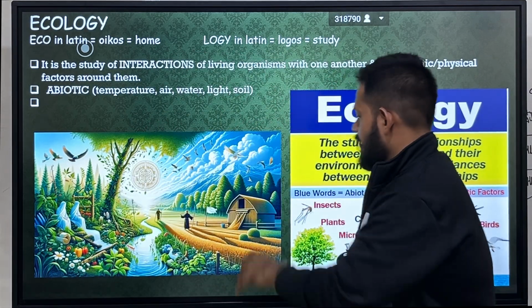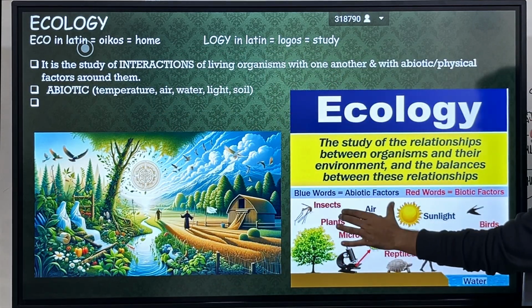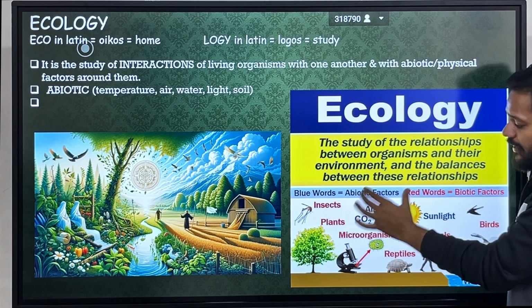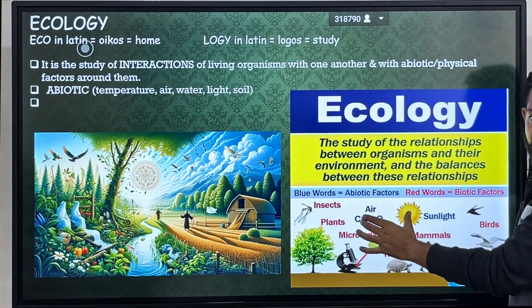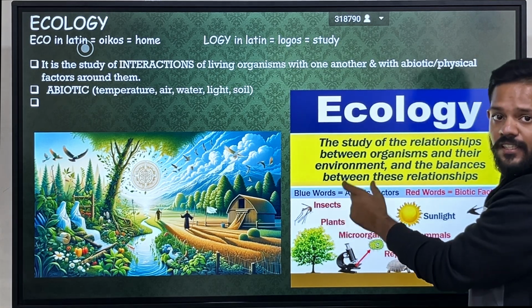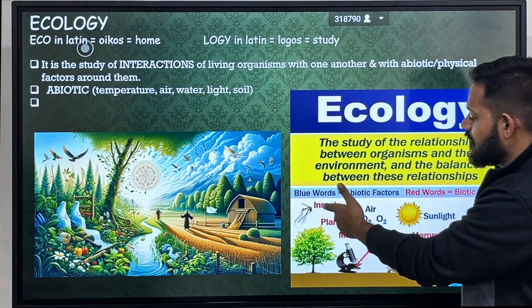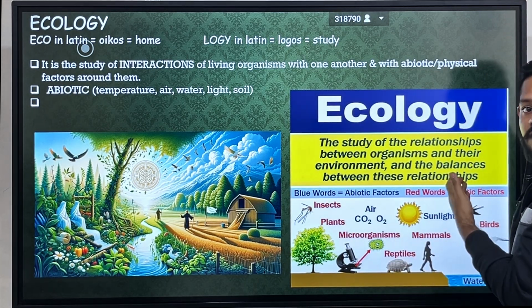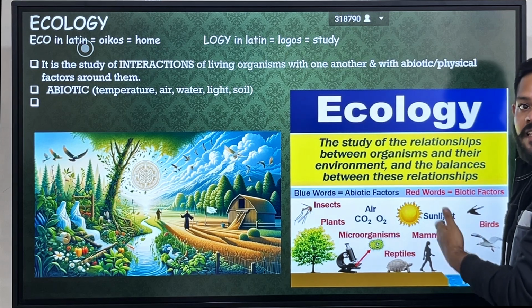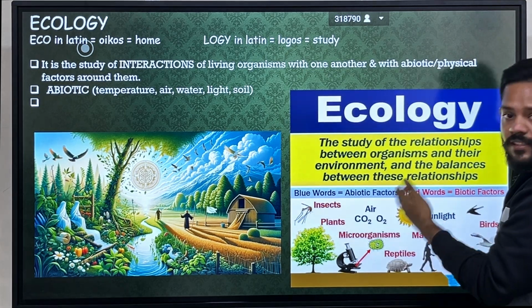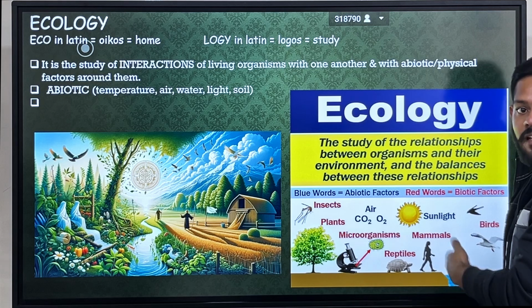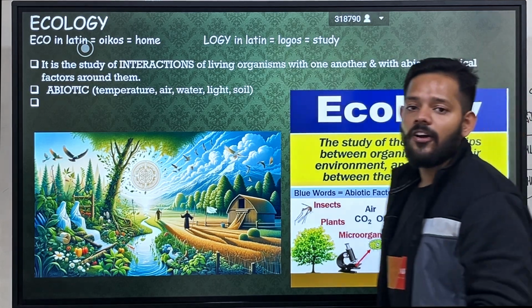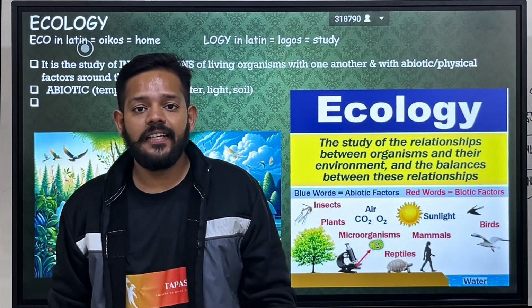The blue words marked in this image belong to abiotic factors, while the red words denote biotic factors. Insects, plants, microorganisms, reptiles, mammals, birds are all biotic factors present in an ecosystem, while air, temperature, sunlight, soil, water are all abiotic factors present in an ecosystem.